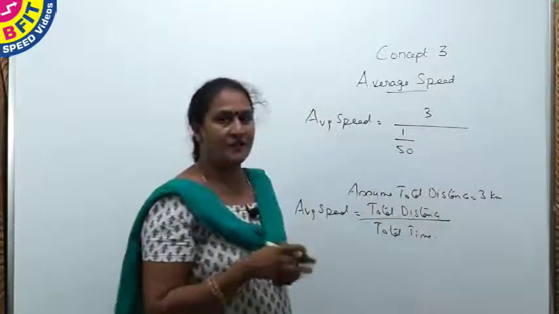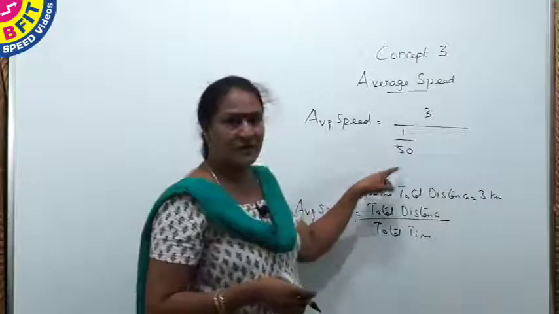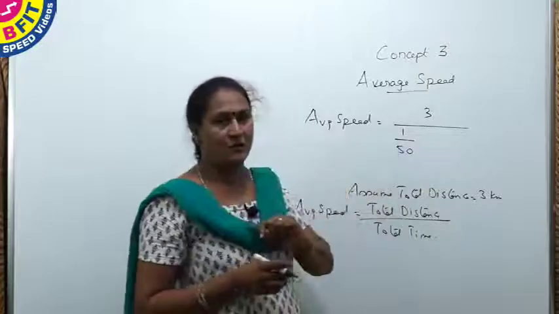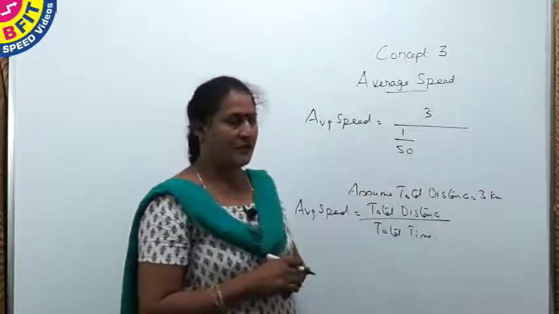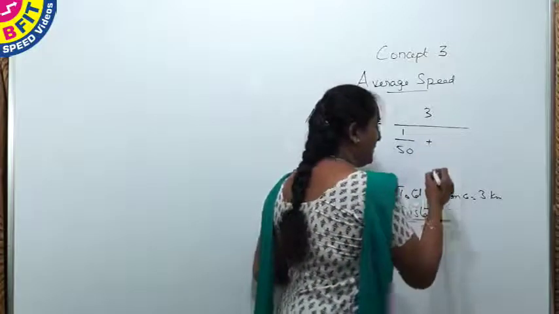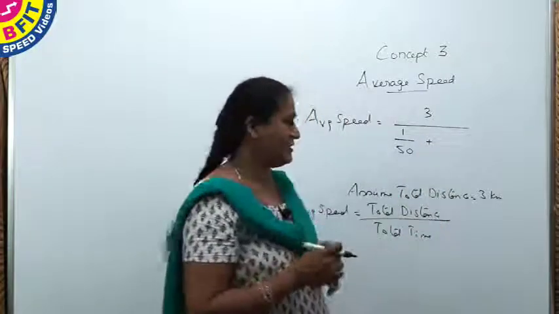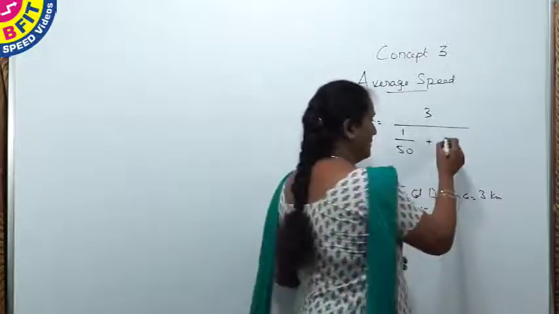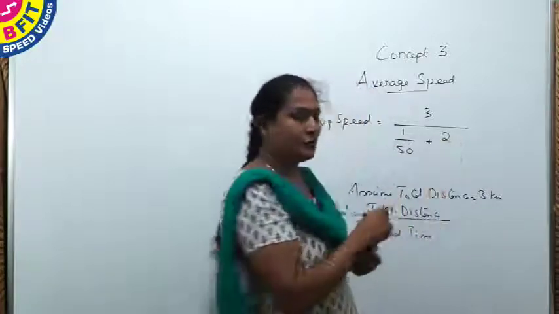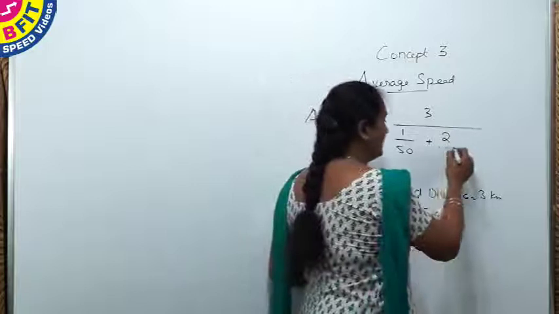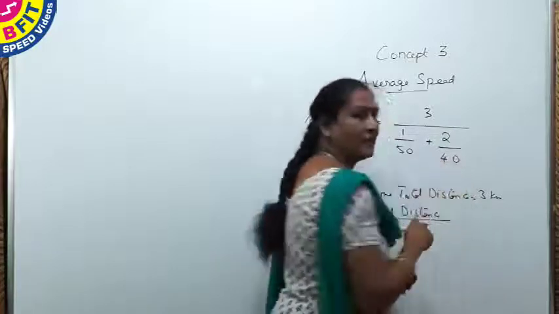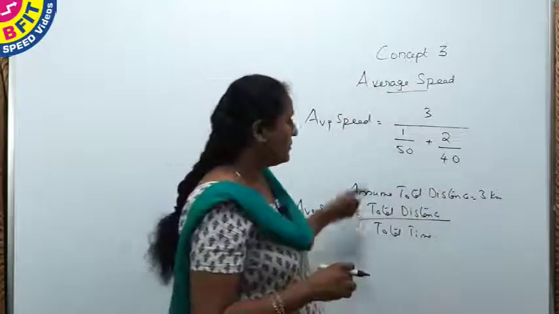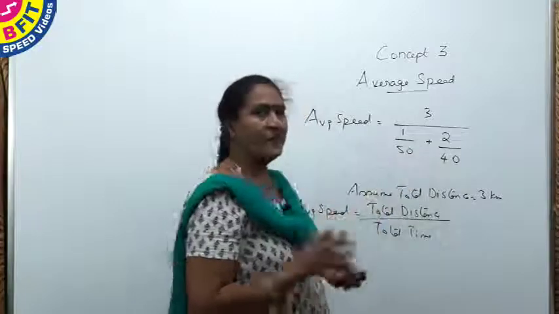So time taken is calculated by distance by speed. Distance here is 1 kilometer, speed is 50 kilometers per hour. And time taken to cover 2/3 of the distance, that is for 2 kilometers, distance is 2 kilometers and speed taken is 40 kilometers per hour. So by simplifying this, we get the average speed.